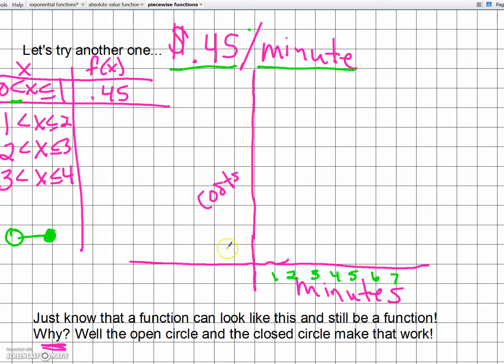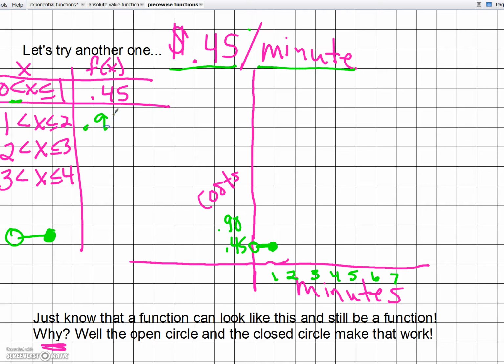So this is 45 cents. From 0 minutes, because if I don't talk, I don't get charged anything. So 1 second starts it, up to 1 minute, including that 1 minute, will cost me 45 cents. I already have that here. Our next one would be 45 plus 45, which gives you 90.